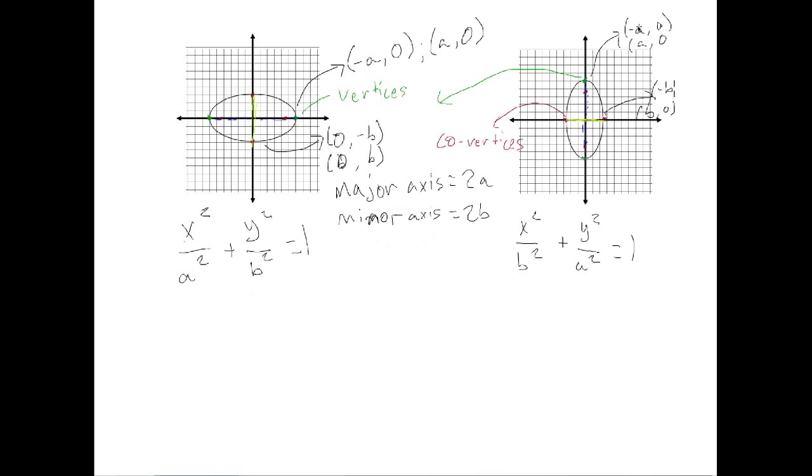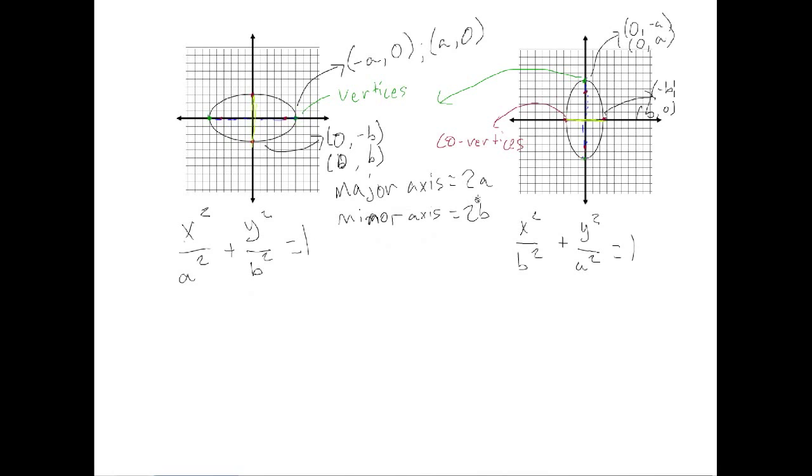Or excuse me, flip those around. Let's erase that. Isn't that fun? Okay. It'll actually be 0, negative a, and 0, a.